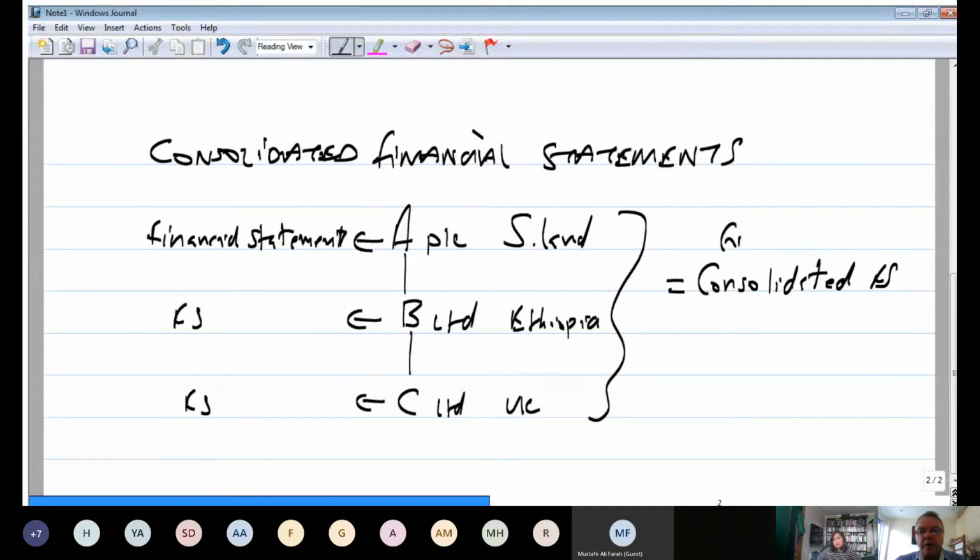And these are referred to as group accounts. You may have heard that term somewhere, group accounts, group financial statements.